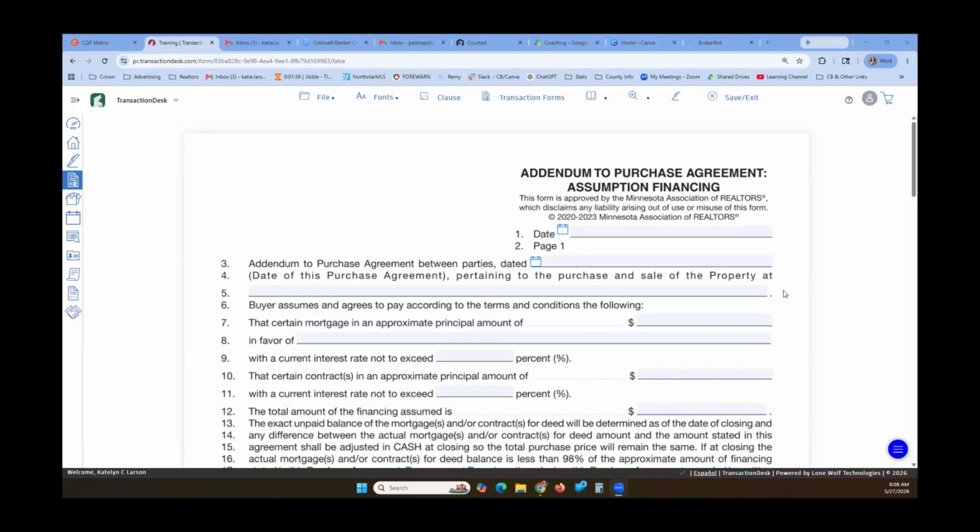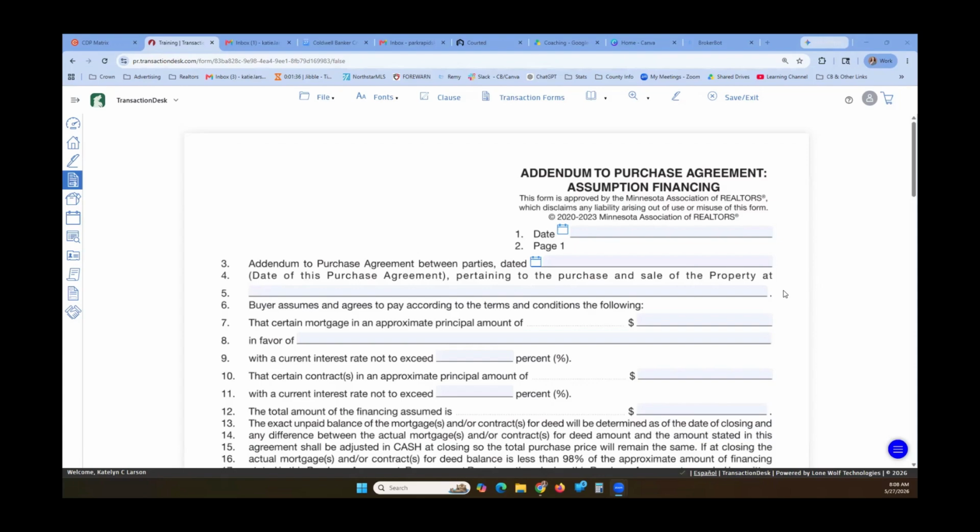Now, I will say at the beginning of this, there are assumptions that are made when we're filling these out. If you can get more information from the listing agent and the seller to be able to fill these out more accurately, that's always better. But when you are writing this offer up for the buyer, you are making assumptions with all of this.